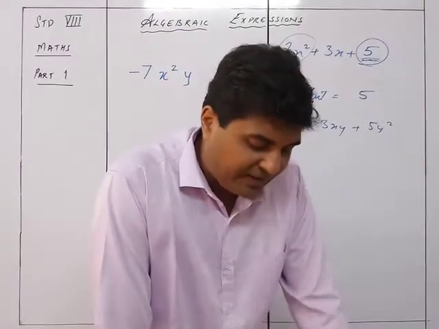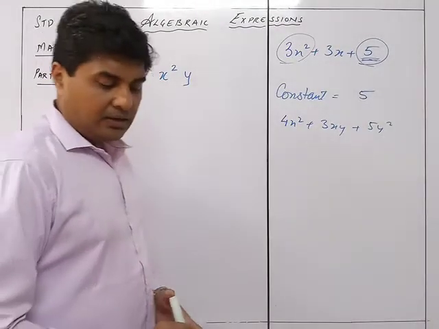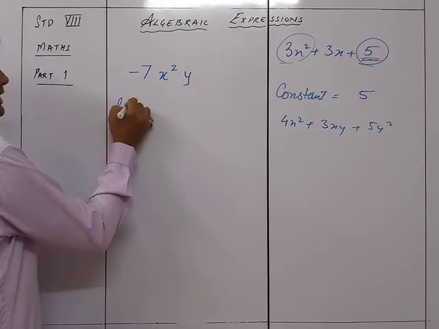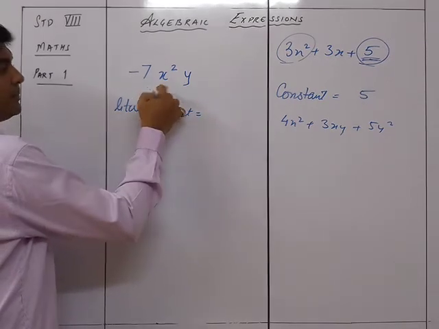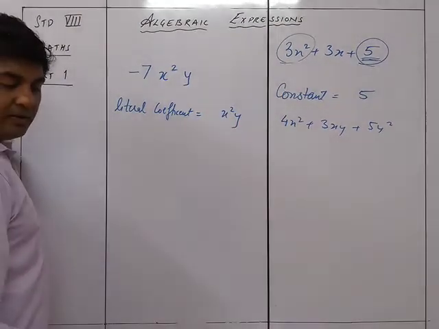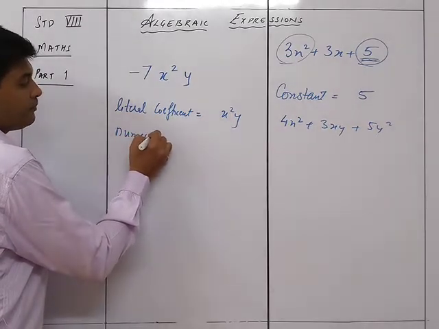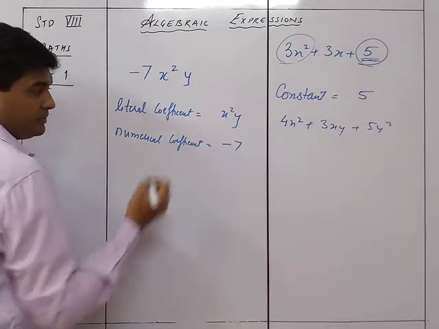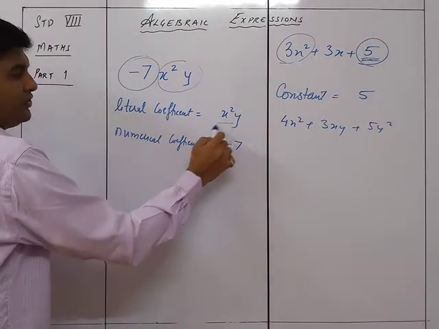For example, if I take this term, minus 7x square y, the literal coefficient over here is nothing but the letter part, that is x square y. The numerical coefficient is equal to minus 7. So minus 7 is the numerical coefficient and x square y is the literal coefficient.